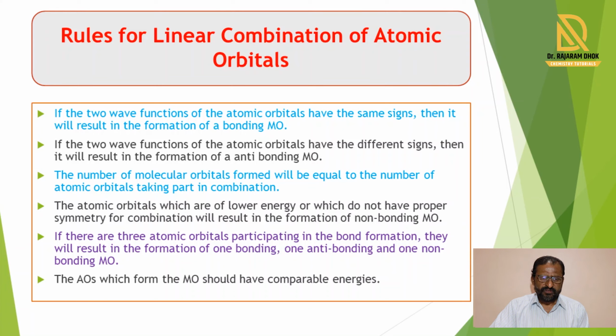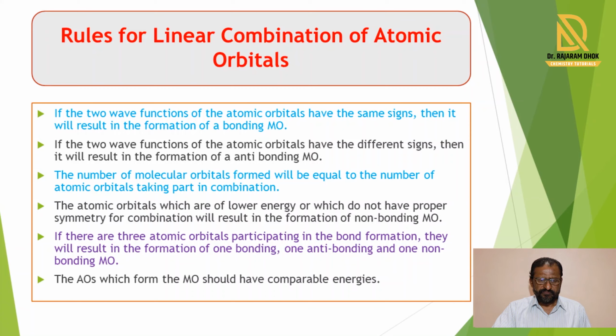First rule: if the wave functions of the atomic orbitals are the same, then there is formation of a bonding molecular orbital. This means when the wave functions of both atomic orbitals are plus plus, there is formation of a bonding molecular orbital. This is a very important rule.